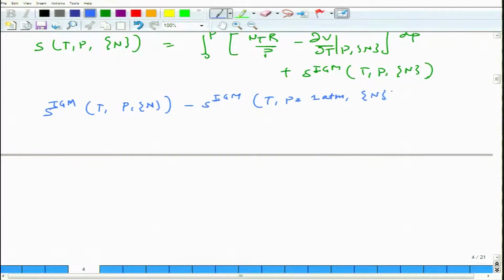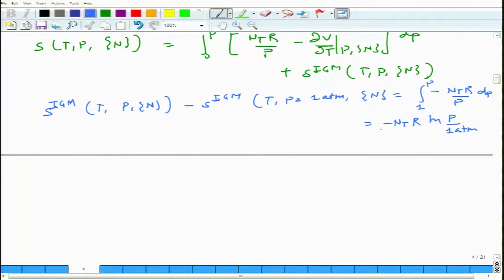Now, the right hand side expression remains the same because the dS integration here would be simply minus NT R for an ideal gas divided by P dP, but instead of P0 we have 1 to P, which essentially means I can rewrite this expression as minus NT R ln P by 1 atmosphere.